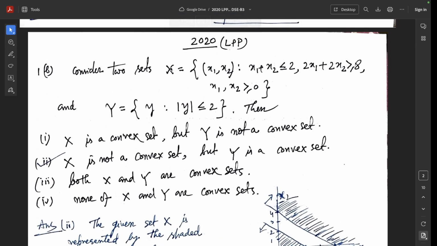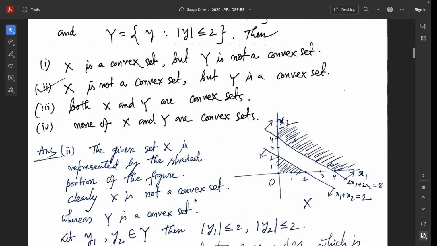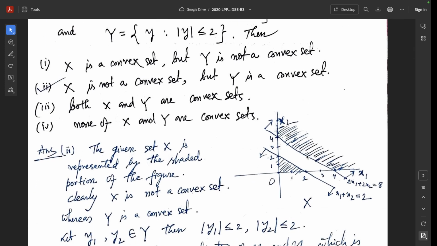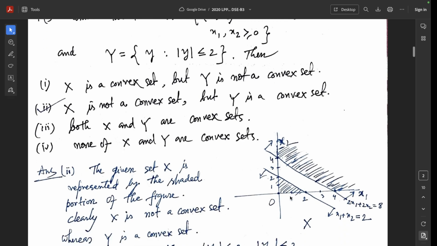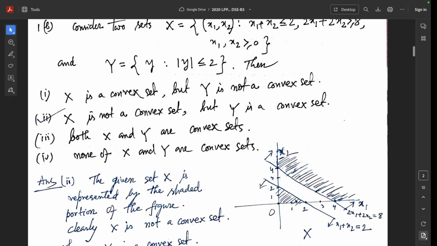Here, for the set capital X, we can draw this figure, and this is the straight line x1 plus x2 equal to 2, and this is the straight line 2x1 plus 2x2 equal to 8. So for less than or equal to 2, the region is in the direction towards the origin, and for greater than or equal to 8, the region is in the direction opposite to the origin.